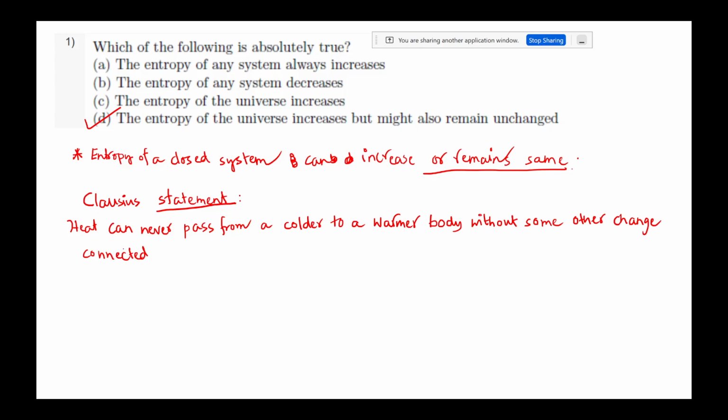The main crux of this statement is that heat can never pass from a colder to a warmer body without any help or without any external work.